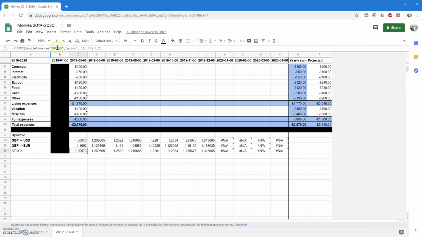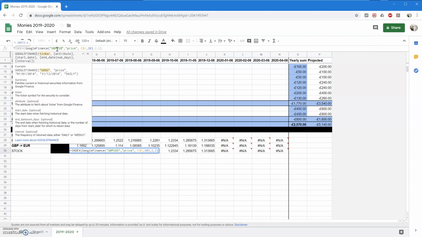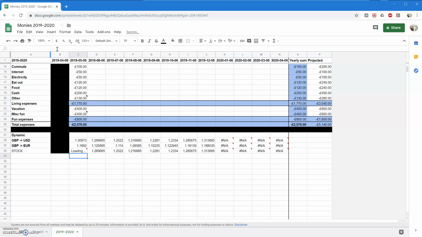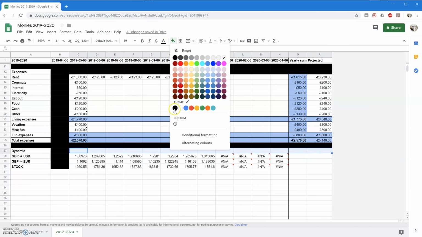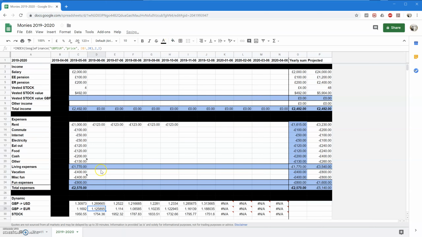Let's pretend the stock here is Amazon. And now we can convert some values.